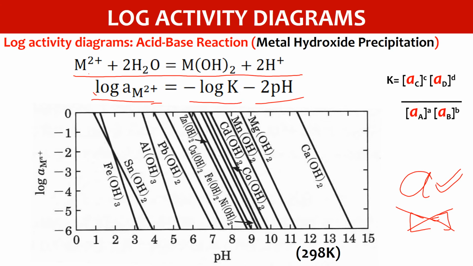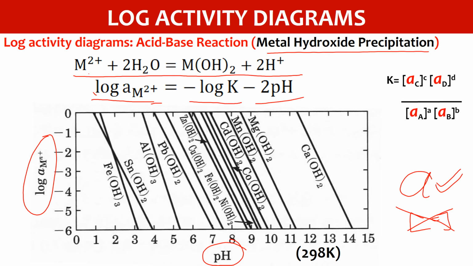So when you put the log of activity against pH on your x-axis as shown in this diagram, in this log activity diagram for acid-base reactions, this one specifically for metal hydroxide precipitation, this gives you an indication and a starting point, an idea of what to expect when you want to do your metal hydroxide precipitation.